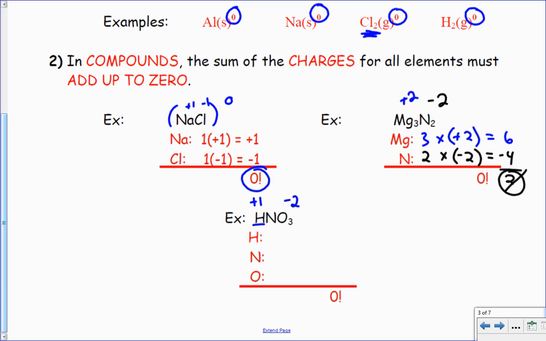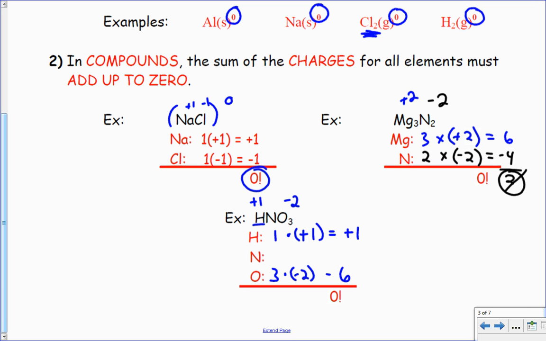This is chemistry. So now we don't know N. N could be -3, -2, -1, +1, +2, +3, +4. We don't really know. So what we're going to do is the math of what we've got to figure out what N has to be. Hydrogen, I have 1 of them times a +1, so that gives me a +1. Oxygen, I have 3 of them times a -2 charge, which gives me a -6.